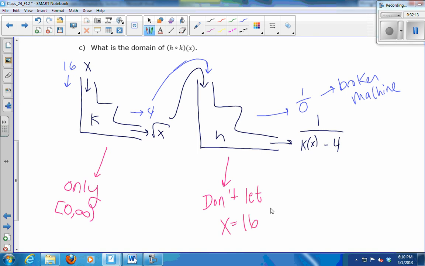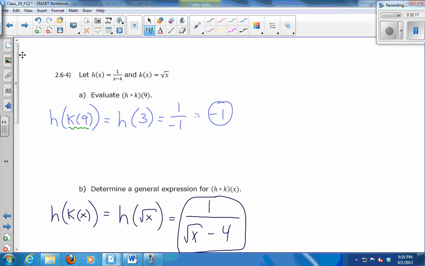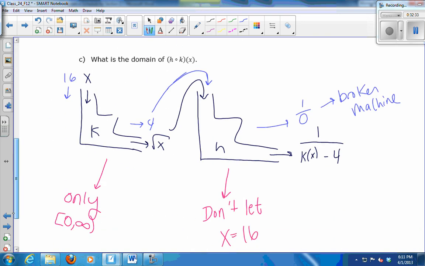So it's very tempting if you just go back to the beginning and look at your two functions. It's easy to say X can't be 4 and X has to be positive. Right? It's tempting to just look at the domain of the two functions separately. But it's actually not X equals 4 that we have to worry about. Because I can put 4 in, right?